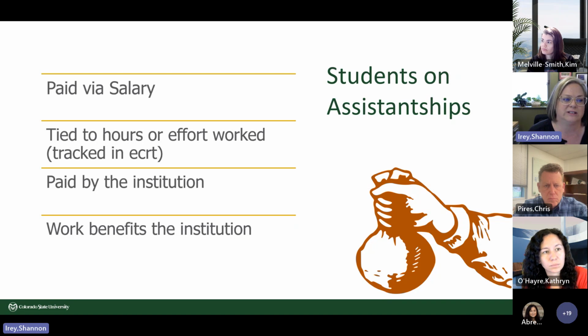Their work hours are tied to the effort that they put on a project. They're tracked in eCert. These are paid by the institution, so paid by CSU, and also work for these type of employees benefits the institution. So they'll have a relationship where someone tells them what they should be working on, and that benefit is coming back to the institution.